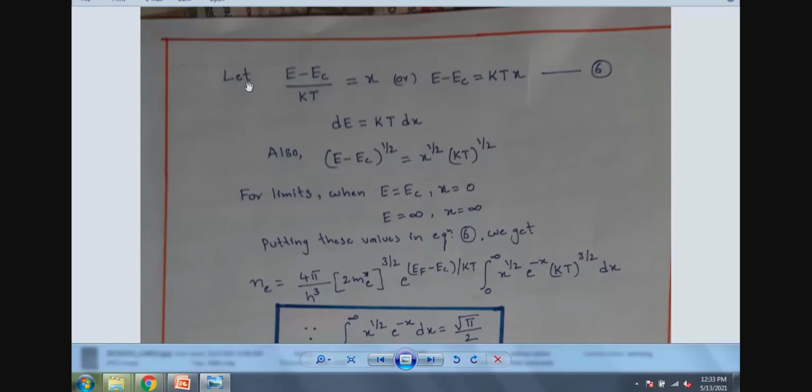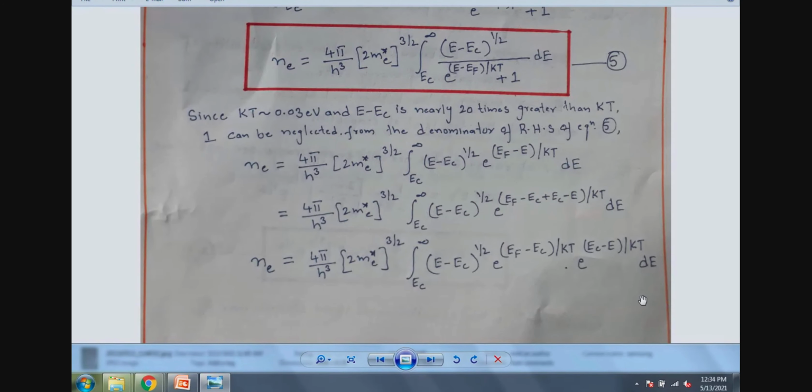So let E minus EC by KT be equal to X. Just you are putting that one. Okay. So I'll show once again. So you have here now, taking this term EC minus E by KT.